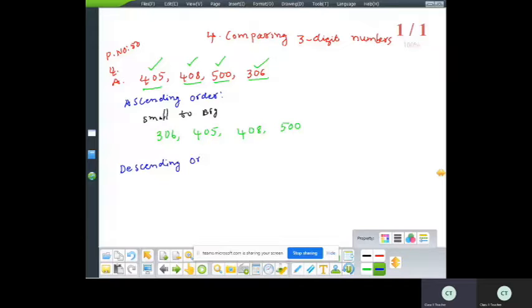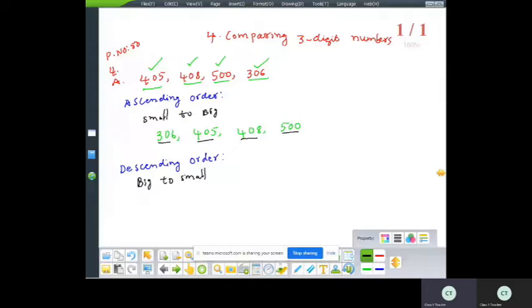Descending order. The meaning of descending order is we arrange the numbers from big to small. Big to small. Or descending order is a completely reverse process of ascending order. From the ascending order, 306, 405, 408 and 500, we write these numbers from back to front.